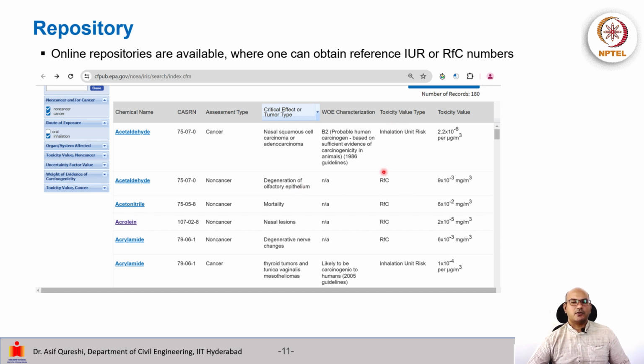And here we have the value of the reference concentration to check our observed or actual values against. We have this reference concentration, 9 x 10 to the power minus 3 milligrams per meter cube, which will become 9 micrograms per meter cube. So for acetaldehyde, we have the cancer assessment and the toxicity value, IUR, given. We also have the non-cancer assessment, and the RFC value is also given.